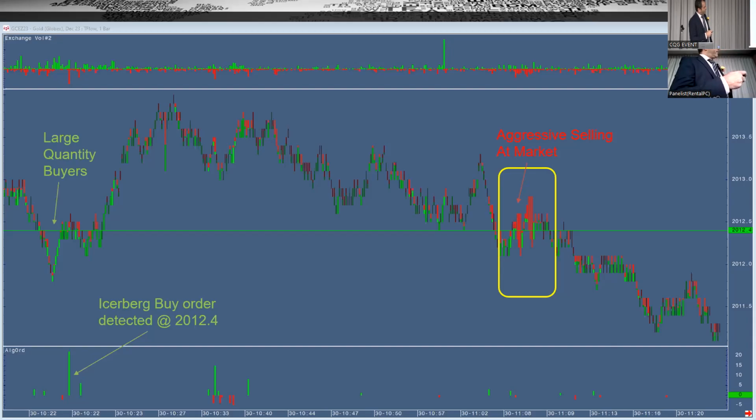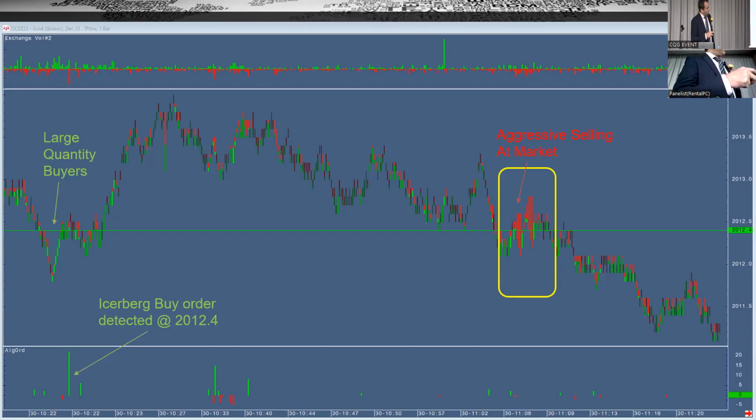So when we look at this particular area here, we can identify large buyers going into the market. All of the offers are being bought into, and this is what's represented by those particular bars. And also confirmed with an iceberg order that was detected at 2012.4. And we can see the breakdown. If we highlight this, we'll see the breakdown of the iceberg on the chart.